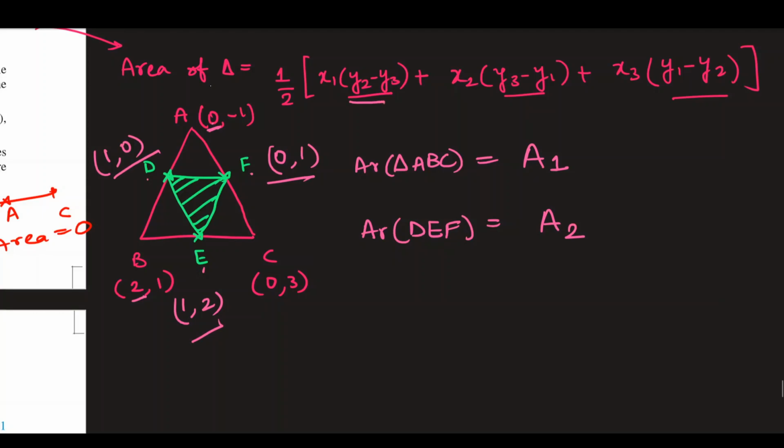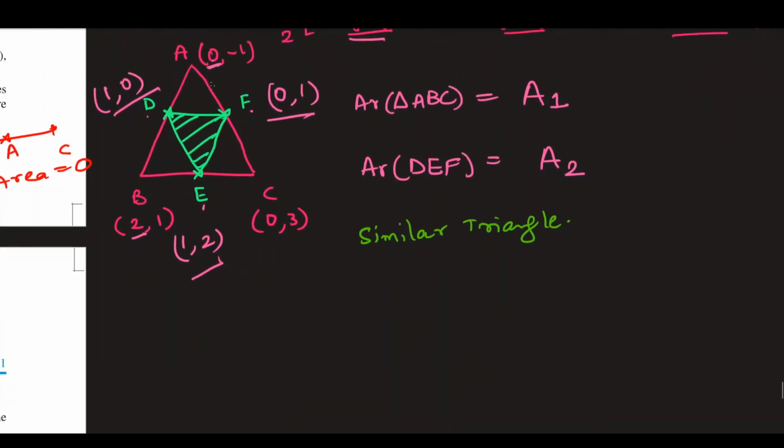Now from the theory of similar triangles, we know that the ratio of area A2 to A1 must be 1 by 4, and we will be verifying this here also.